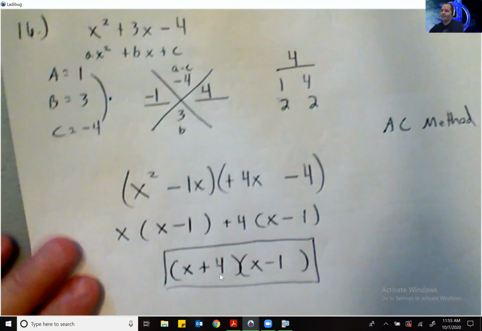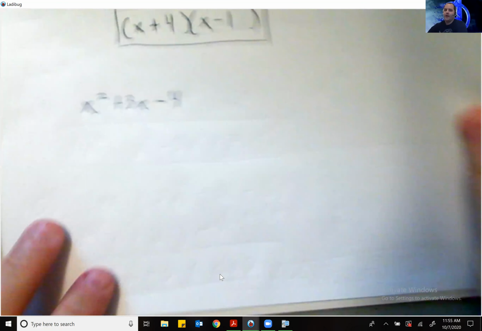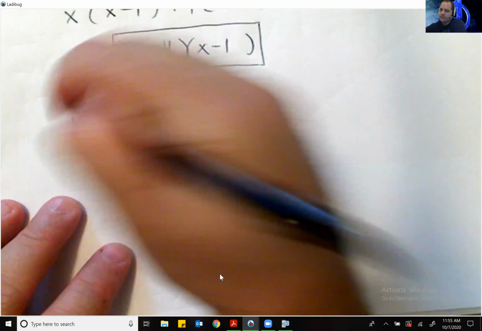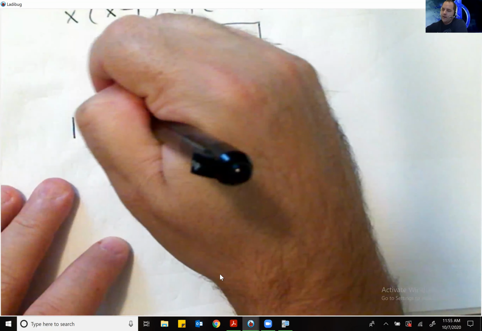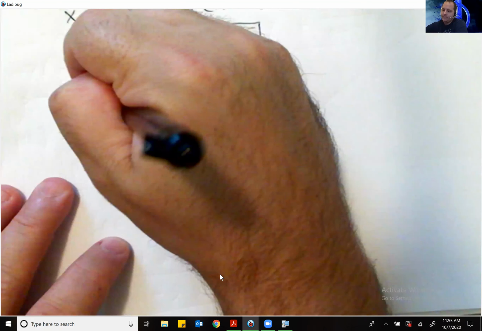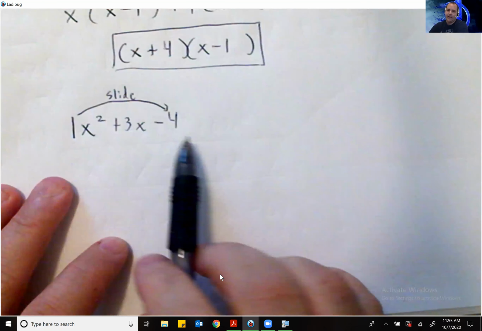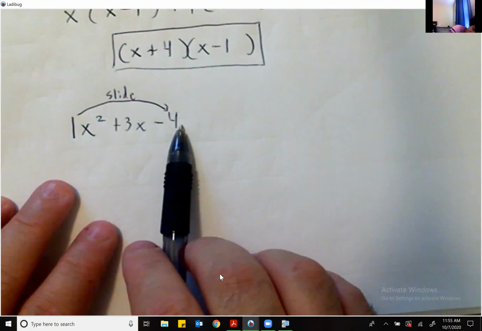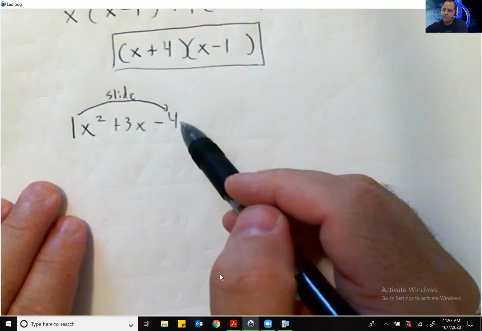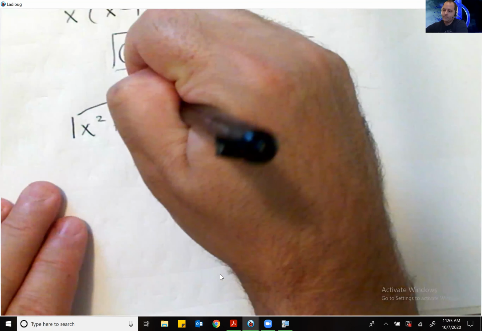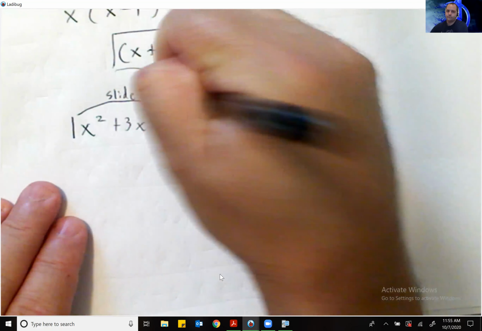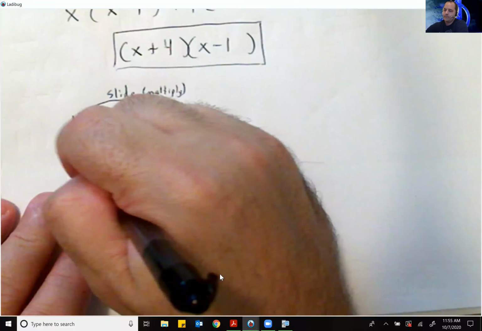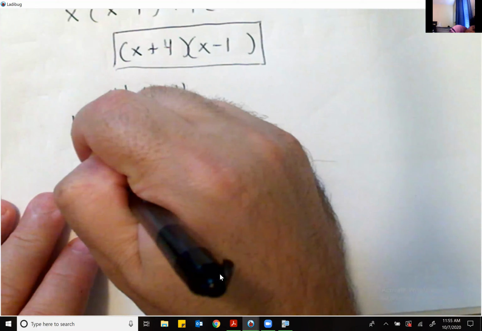You're going to take the A value, which is 1, and slide and multiply it by the C value. So we're going to slide, and this means to multiply. So what's 1 times negative 4? Negative 4.